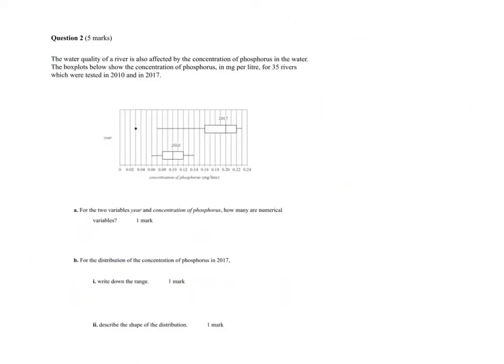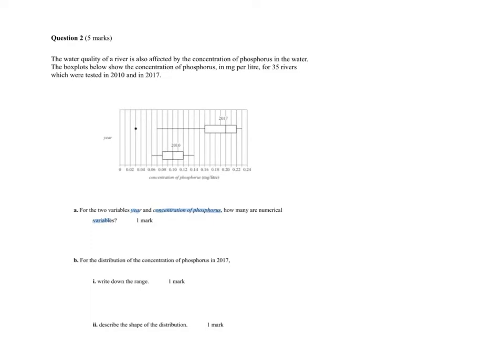Okay, the water quality of a river is also affected by the concentration of phosphorus in the water. The box plot below shows the concentration of phosphorus in milligrams per litre for 35 rivers which were tested between 2010 and 2017. For these two variables, year and concentration of phosphorus, how many are numerical variables?